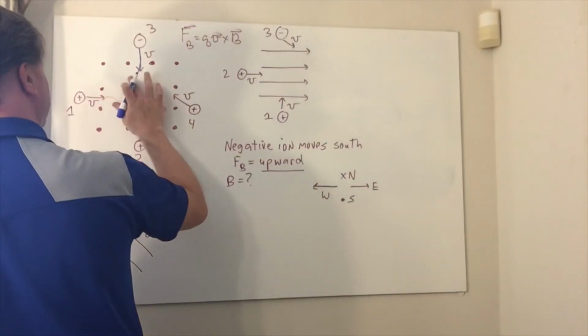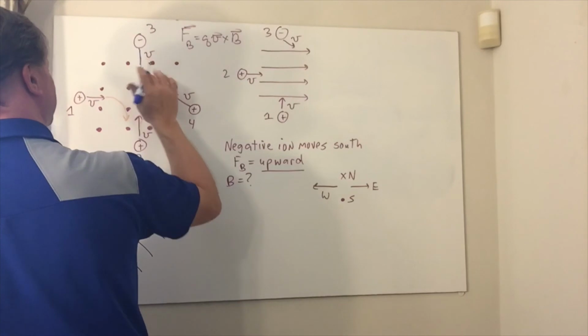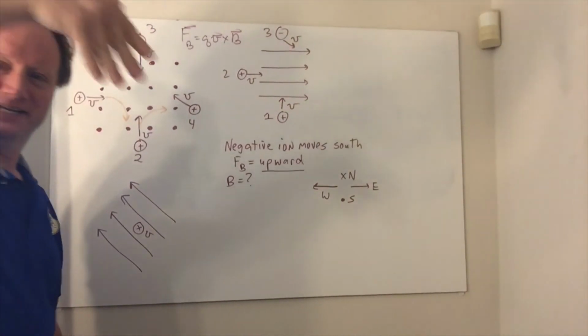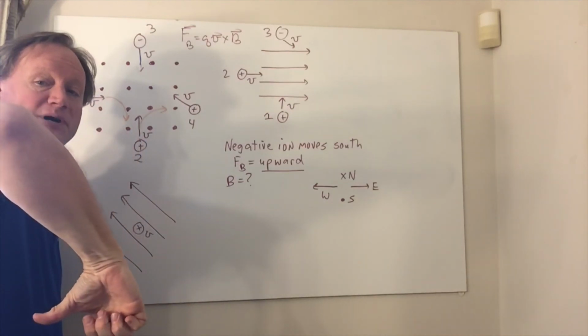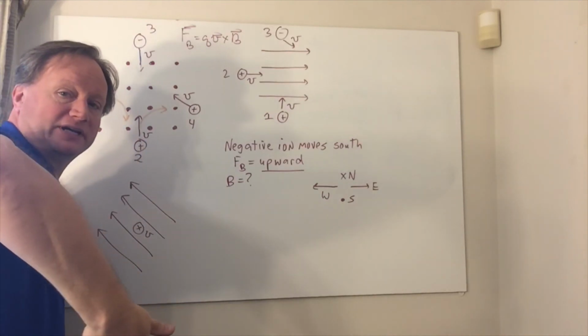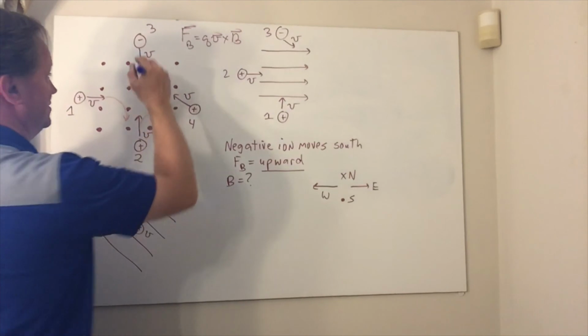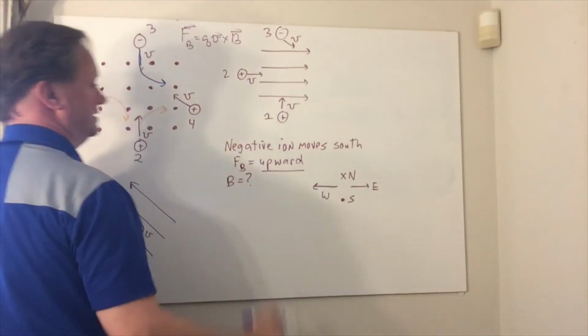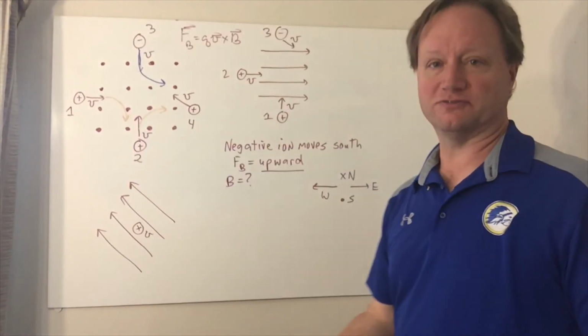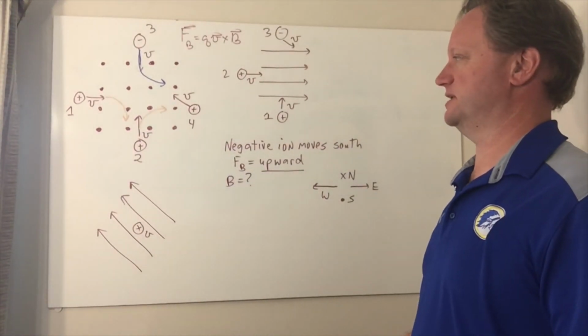So let me take that direction back off. Okay, we did QV wrapped into B, and we got this way for a positive charge. Flip 180 degrees for a negative charge. It's actually going to go that way. Whenever you have a negative, you have to flip it 180 degrees, okay?